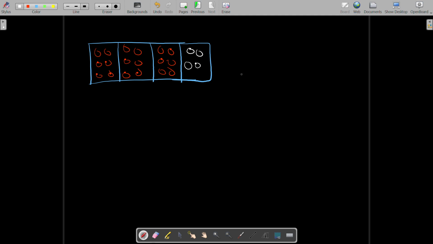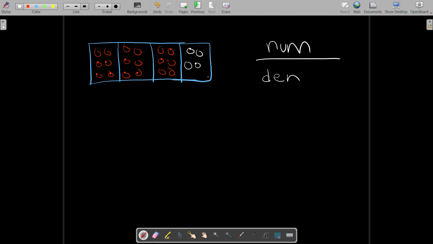Okay, so now if we were to use the same terms, numerator, I'll just write num for short, and denominator, I'll just use den for short. Well, if we remember correctly, the numerator is the part.